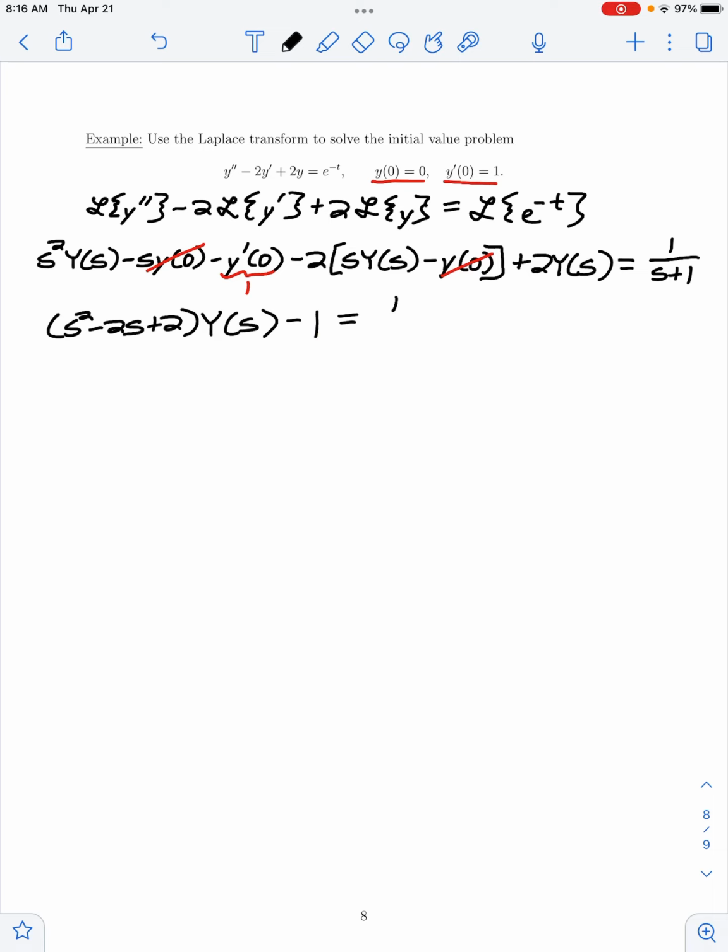And this is equal to 1 over s plus 1. So solving for capital Y, I could add 1 to both sides and then divide through by my coefficient for capital Y, which leaves me with the following.